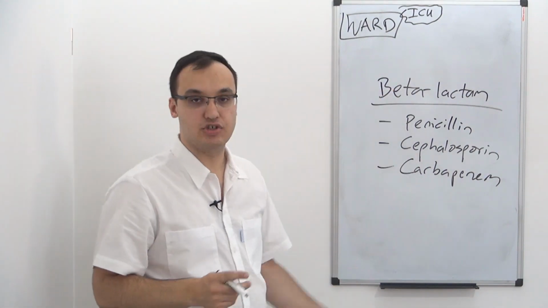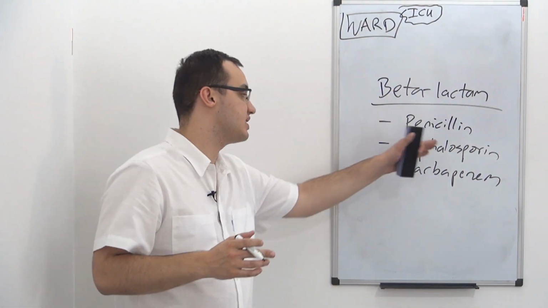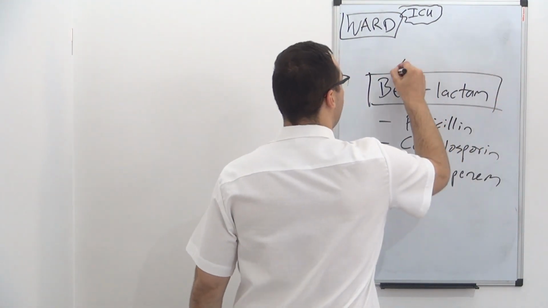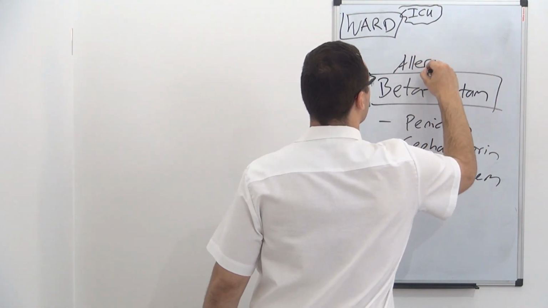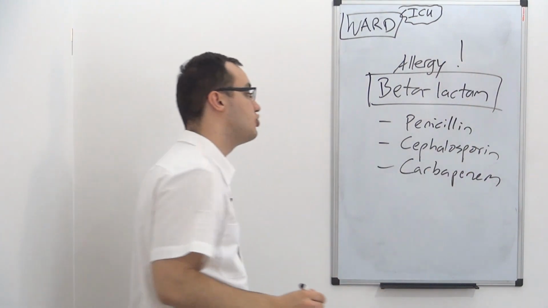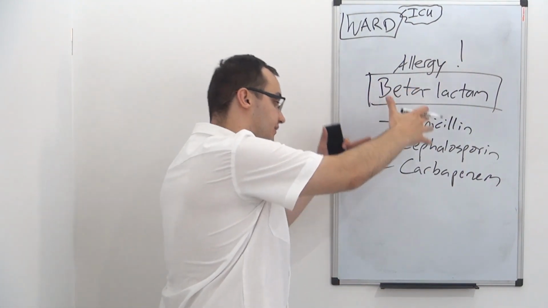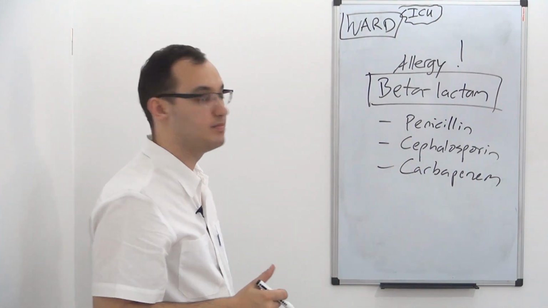So I ask the patient, do you have any allergy against penicillin, cephalosporin, and carbapenem? If yes, then this patient has a beta-lactam allergy, which means that the treatment will be different. I cannot give penicillin, cephalosporin, or carbapenem to this patient.